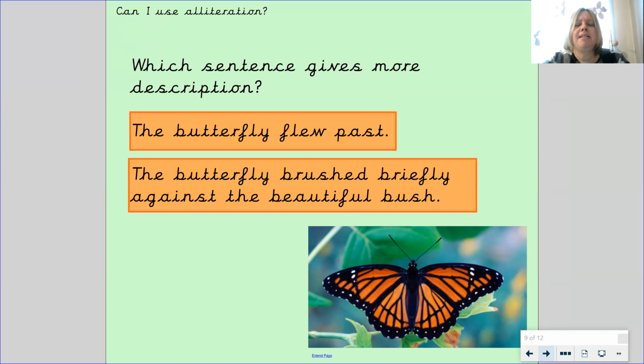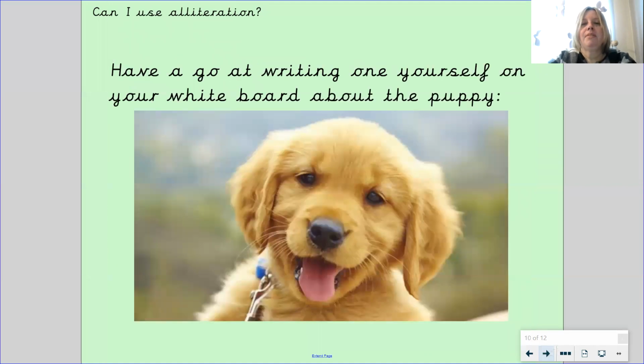Which of our sentences had some alliteration in? Our second sentence had some alliteration in. The butterfly brushed briefly against the beautiful bush. And our second sentence gives me more description because it helps me to imagine what the butterfly is doing.